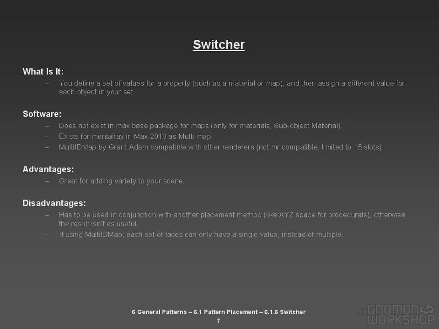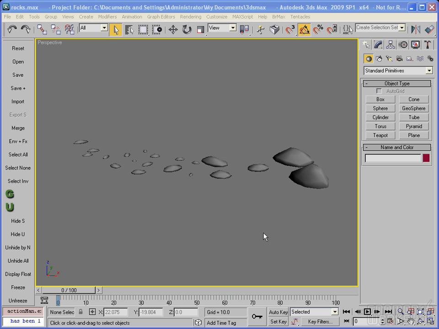For example, you could get the first color with the first bump, or the first color with the second bump, or the second color with the fourth bump. But because the Multi-ID Map will only recognize one ID per object, you'll always get the first color with the first bump, the second color with the second bump, and the third color with the third bump. So you get far less diversity for a smaller set of maps.